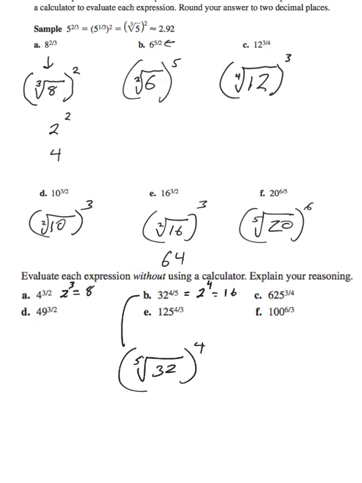It just happens that 2 to the fifth power, or 2 times 2 times 2 times 2 times 2, is 32. So the fifth root of 32 is just 2.